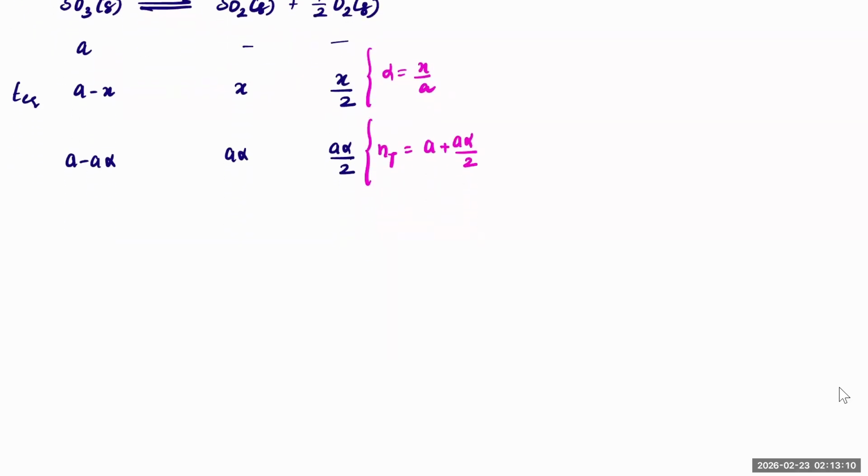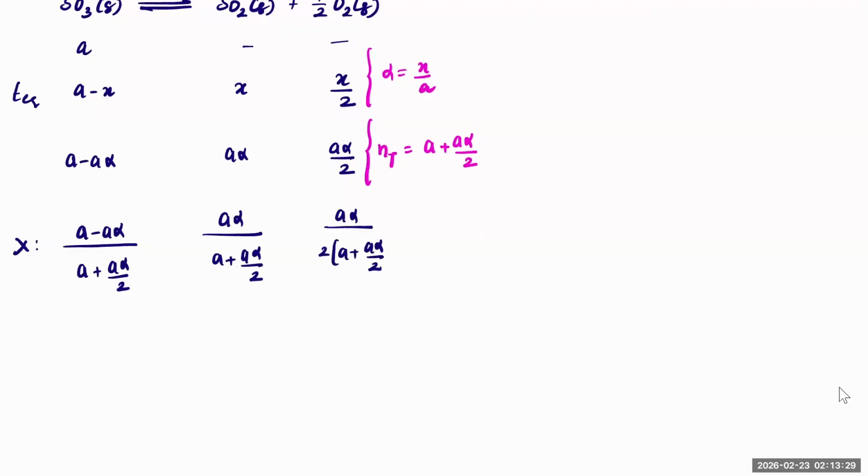So after this, write the mole fractions here. Mole fractions will be A minus A alpha upon A plus A alpha by 2, A alpha upon A plus A alpha by 2, and A alpha by 2 upon A plus A alpha by 2.